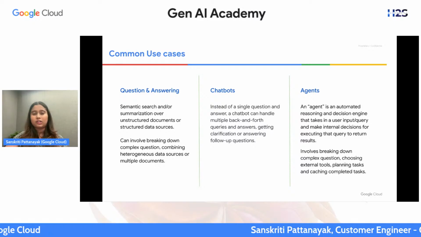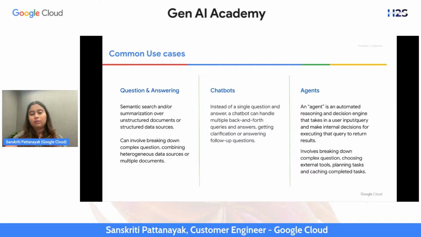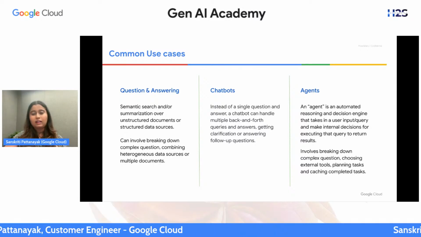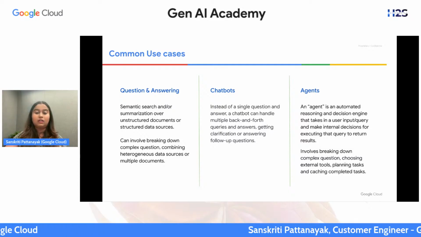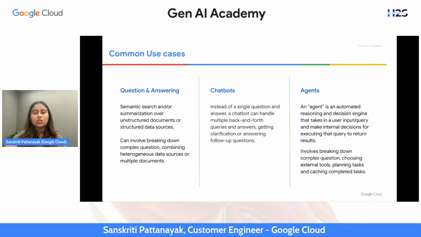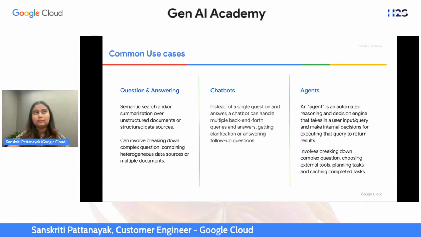Similarly, obviously for chatbots itself, and also an agentic solution where you're trying to get a sort of automated reasoning or decision engine, and the answer for the user input is decided based on backend data which you have in your data corpus. So these are some common use cases.